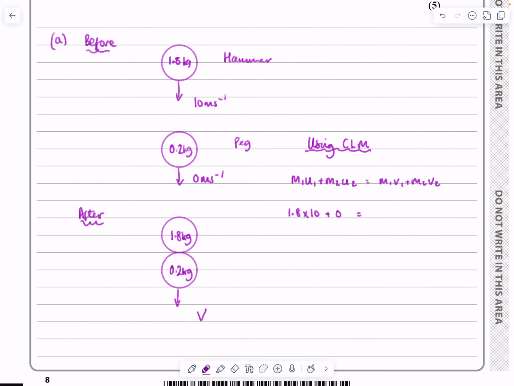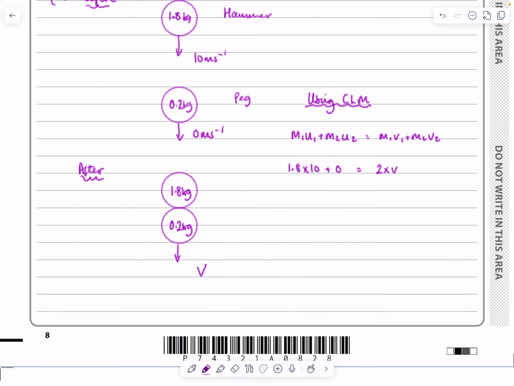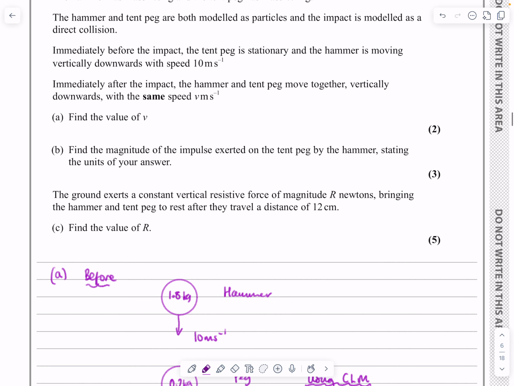That's equal to 1.8 times v plus 0.2 times v, or you can straight away do 2 times v, because 2 is the total mass of the two of them. So 18 is equal to 2v, which gives v equal to 9 meters per second. So we know that the joint object is moving at 9 meters per second.